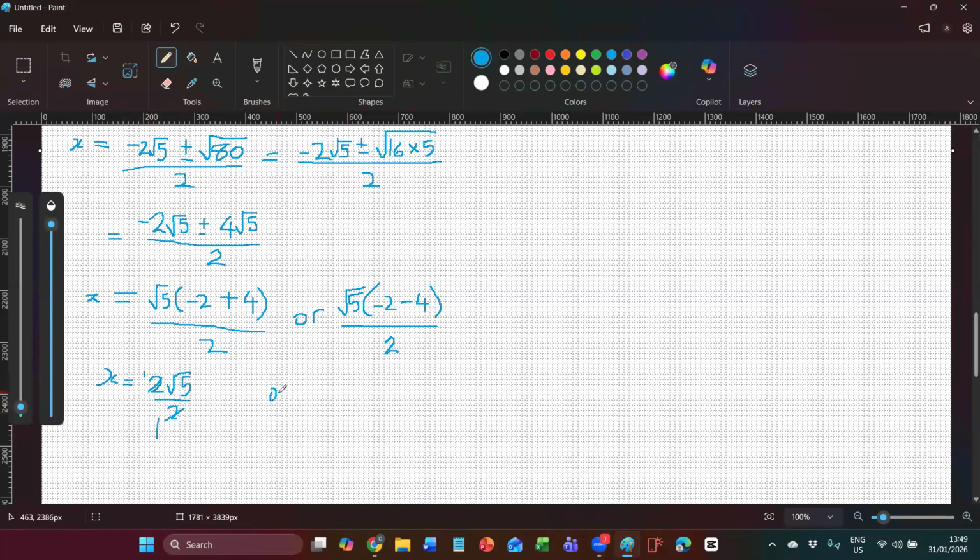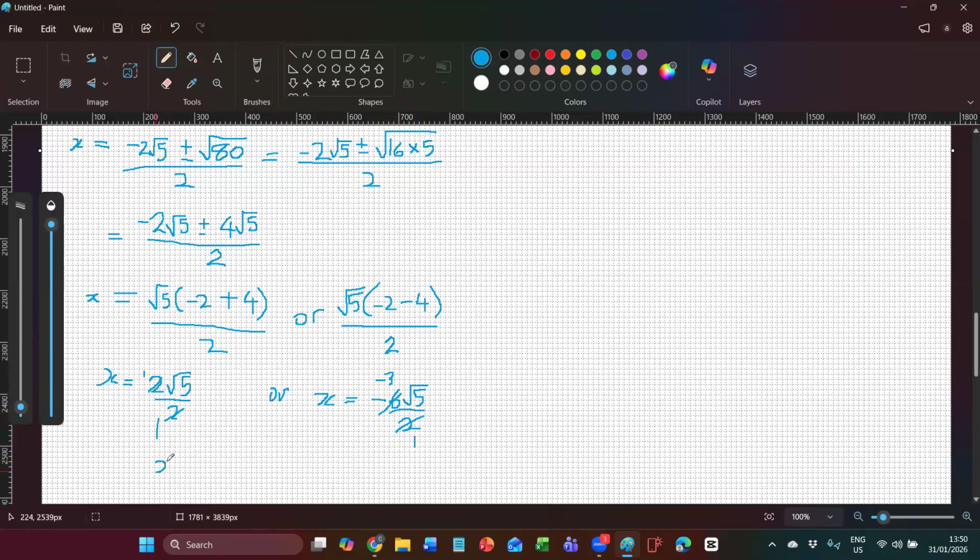Or x will be equal to minus 4 minus 2, minus 4 will be minus 6, isn't it? Minus 6 square root of 5 divided by 2. And now you can see this guy playing nicely to become minus 3 square root of 5.